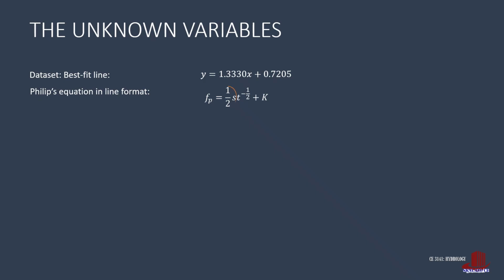Take similar parameters, starting with half of s as 1.333. So s is 2.666. Then k is 0.7205. Then Phillips model is f sub p equated to 1.333t raised to negative 1/2 plus 0.7205.